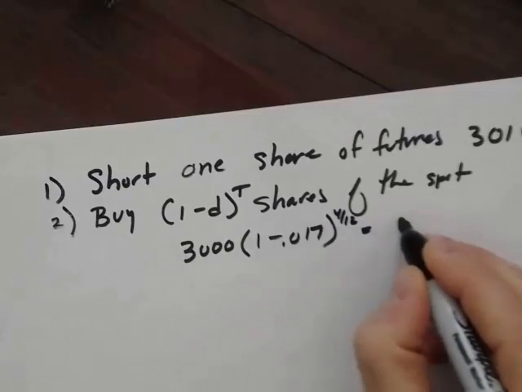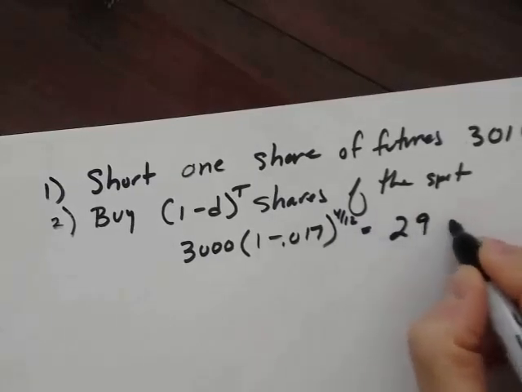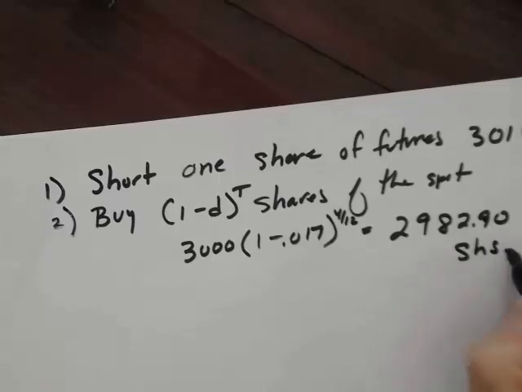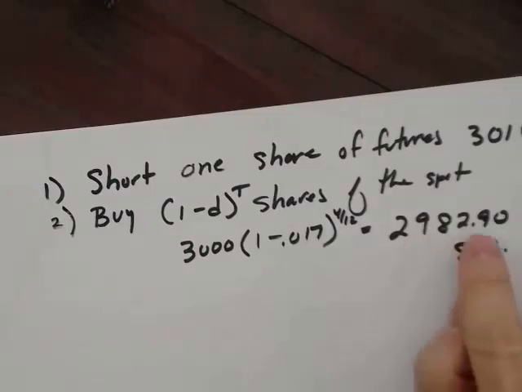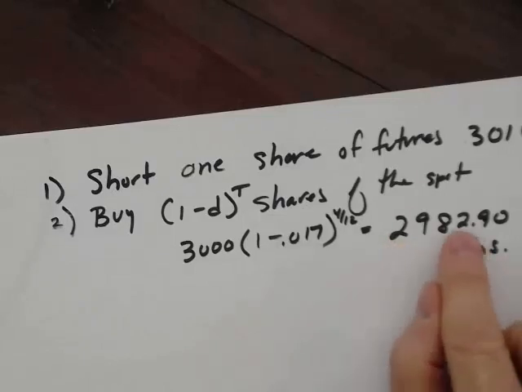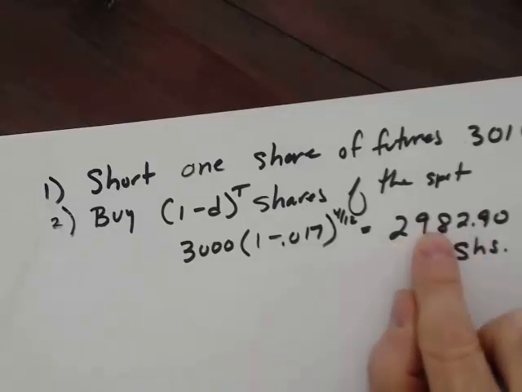What we want to do is actually buy 2982.90 shares. I shouldn't say shares. We want to buy this much of the stock index. Okay, just less than one share is really what we're buying here.